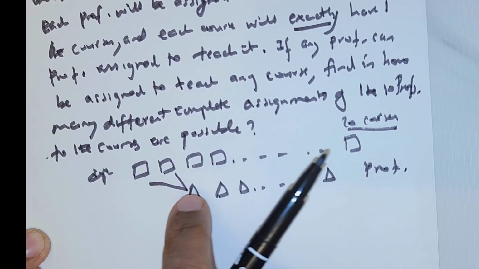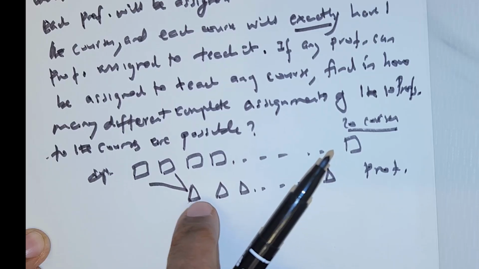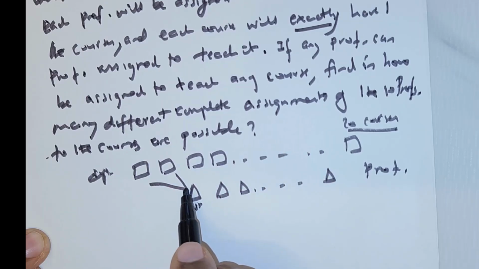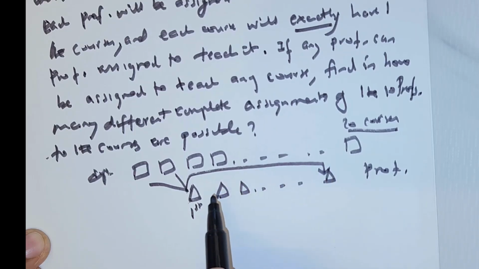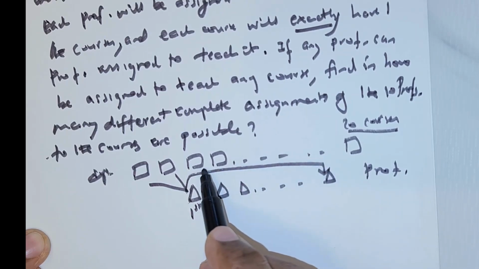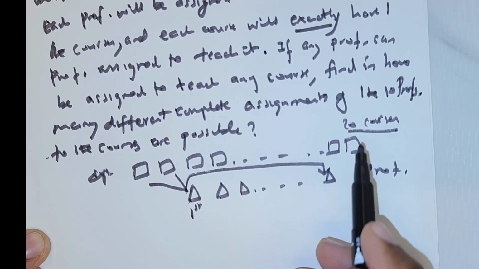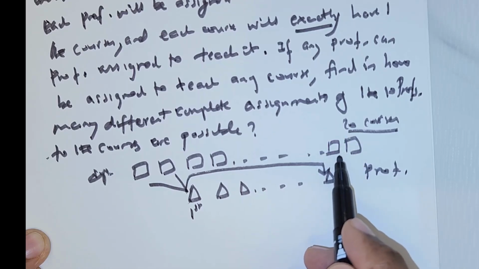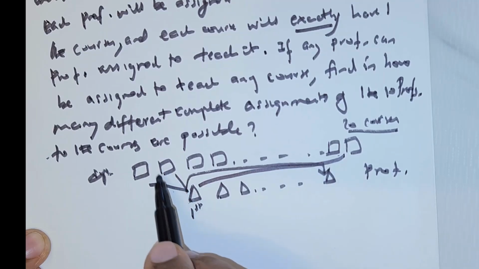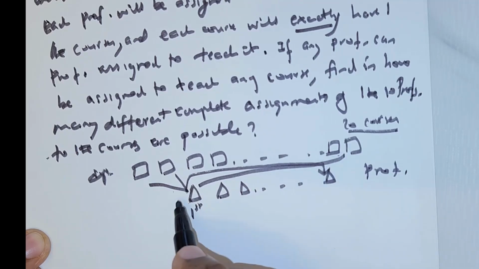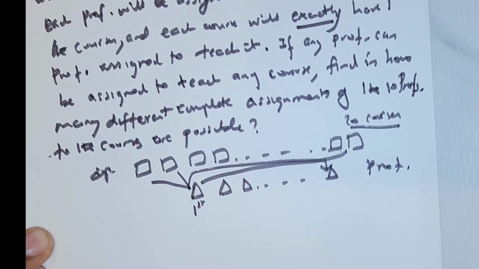Now these 2 subjects can also be assigned to the last prof, and similarly these 2 subjects can also be assigned to this prof. So when these 2 courses get shifted out, the other 2 courses can be assigned.